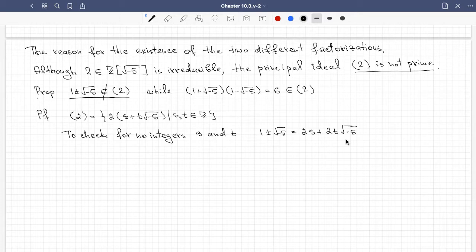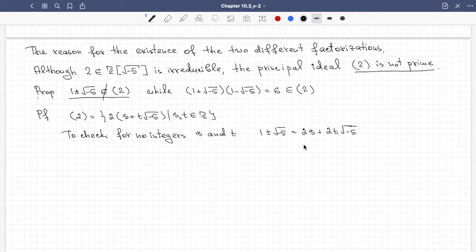If two complex numbers are equal, then separately their real and imaginary parts are equal. 2s is an even integer, 1 is odd, they cannot be equal, and similarly plus minus 1 and 2t also cannot be equal.